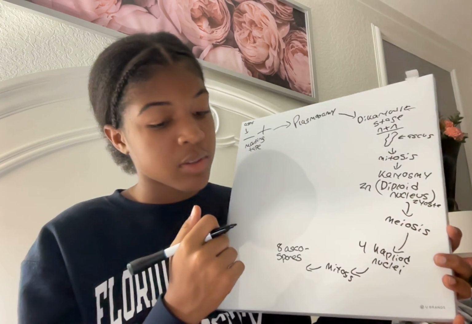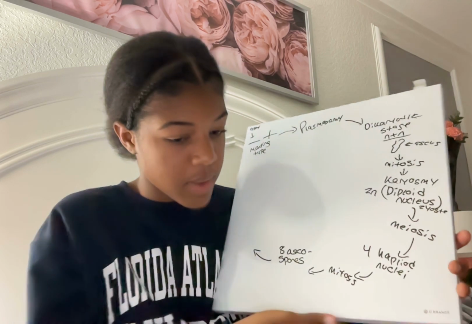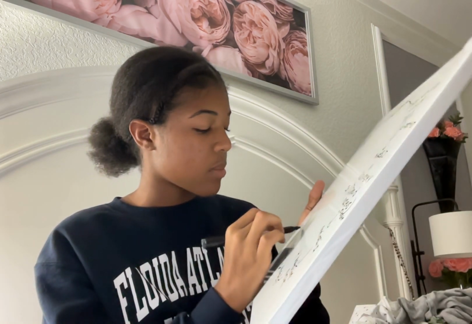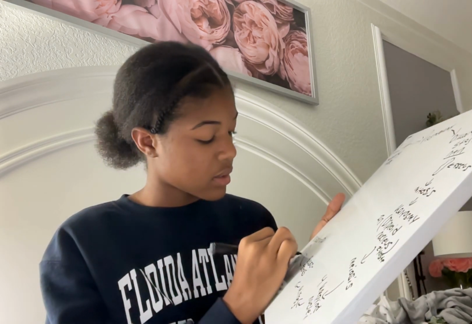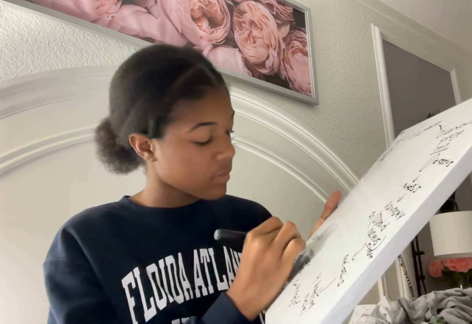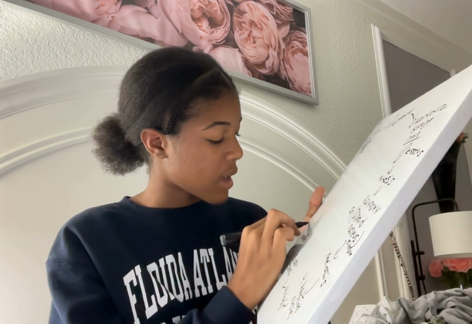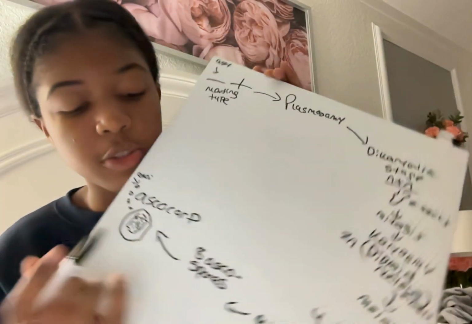So now we have the ascocarp, which looks like this, and it's giving off the spores, the little ascospores in the asci.